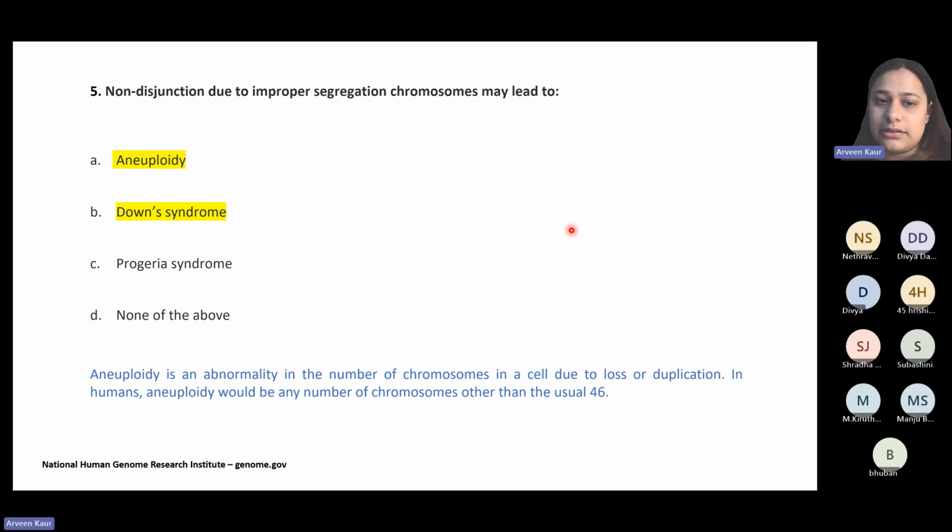Because, like I said, it is a relatively common genetic disorder, right? And I told you why it might be relatively commonly seen, because during the fetal development, it might not pose any kind of harm, right?